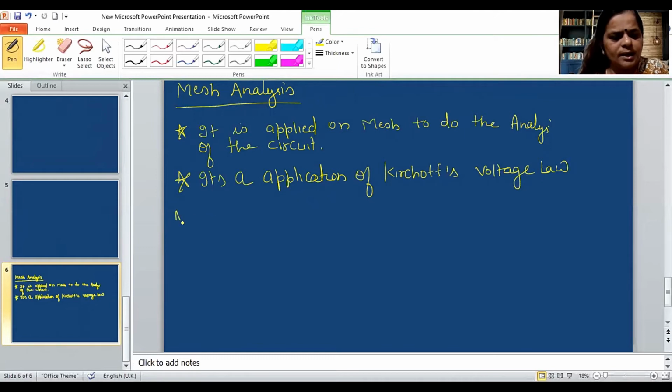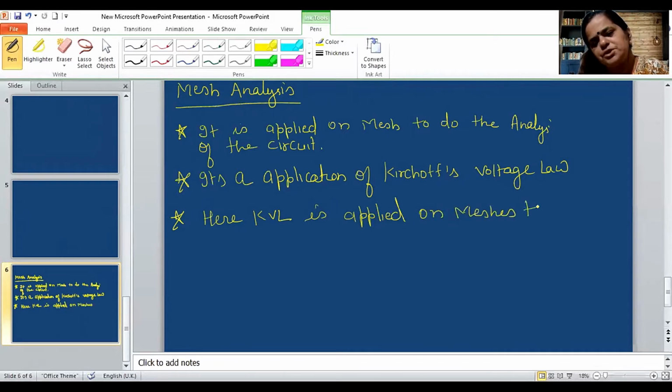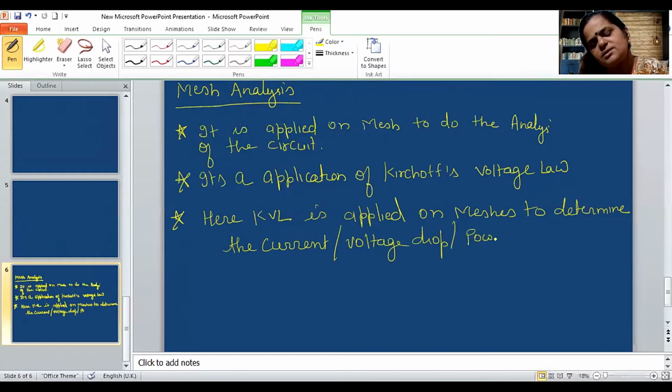And the third thing is here KVL is applied on meshes to determine the current, voltage drop, and power loss in a particular branch of the circuit.